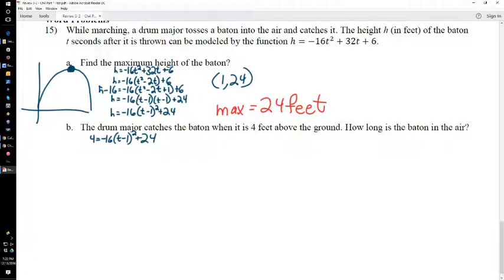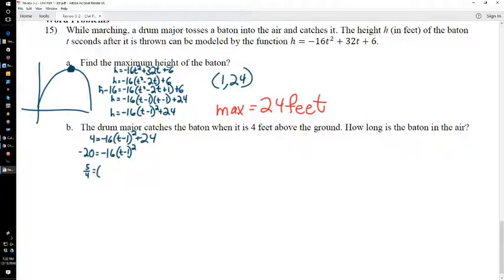First things first, move the 24 over. So I subtract 24. I get negative 20 equals negative 16 parentheses t minus 1 squared. Divide by negative 16. So negative 20 divided by negative 16 is a positive 20 over 16, which reduces down to 5 over 4. If you don't believe me, pause the video, reduce your fraction, you'll figure it out.